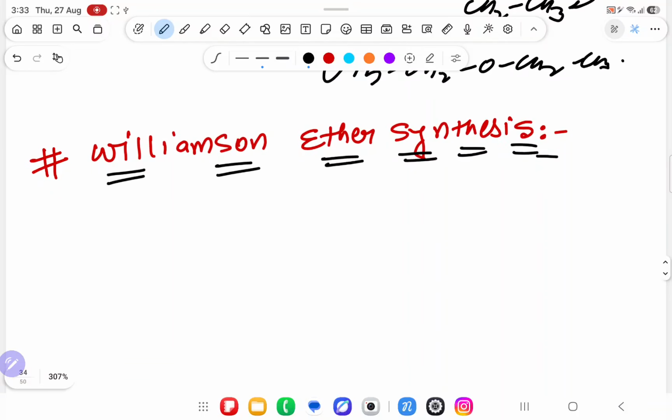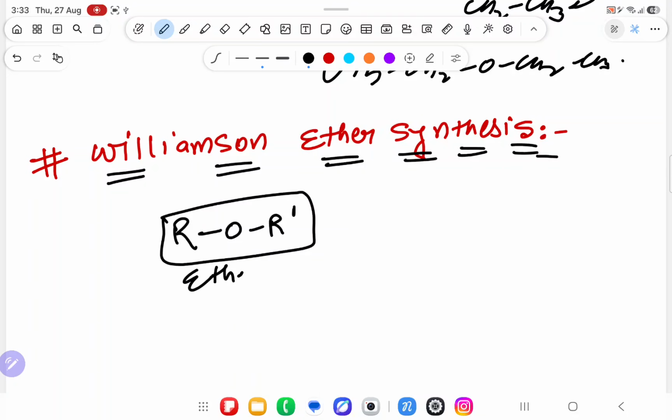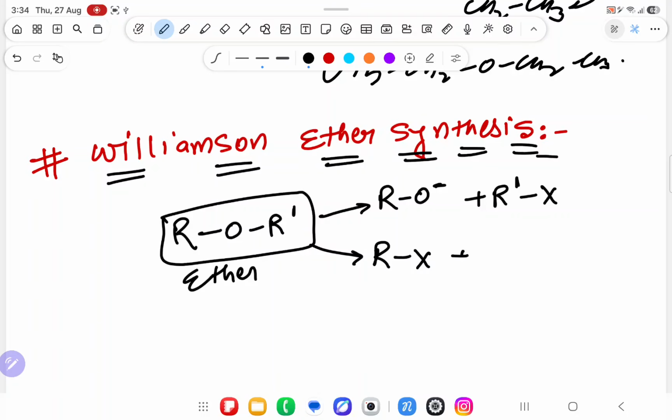In this method, you take ROR', which is the formula of ether. What will you do to produce this? Either you take RO minus plus R'X, or you take RX plus O minus R'. Means either this OR will be there or that OR will be there.